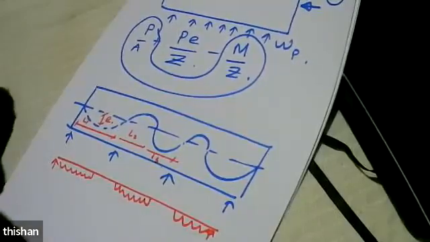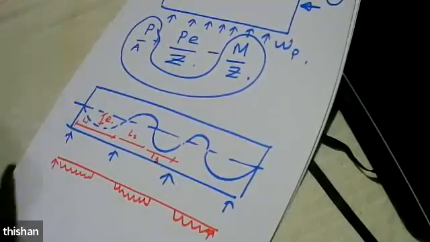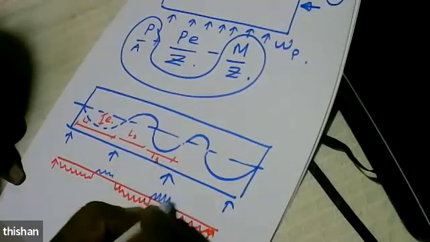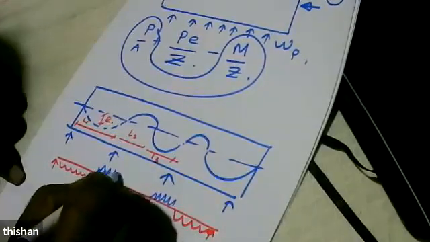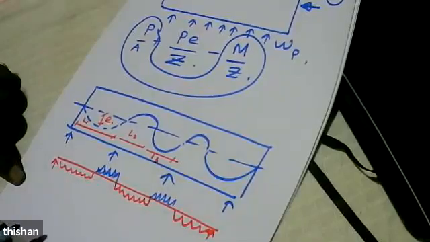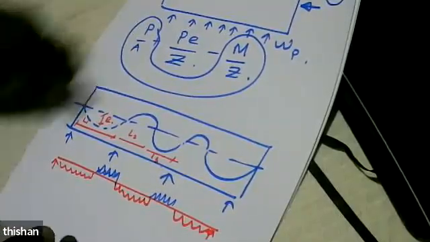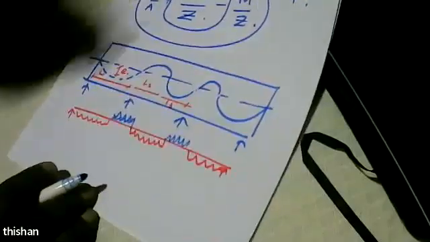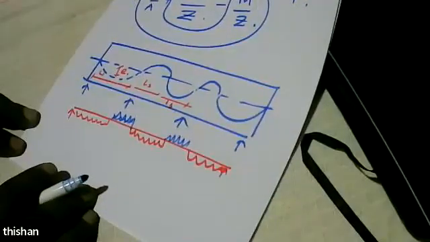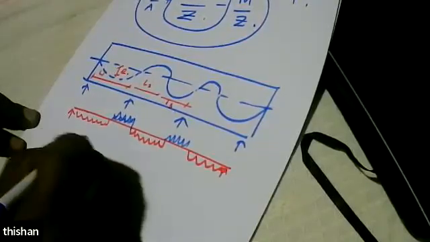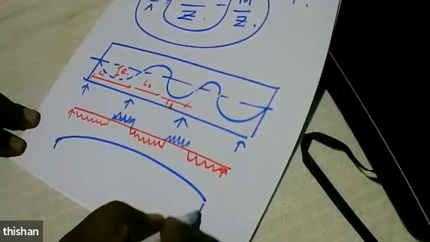Mostly it is loaded upwards, but only at few places it's loaded downwards. Now, if you apply so many upward loads and only few downward loads, what is the most likely scenario? The most likely scenario is this beam is going to move to the top.